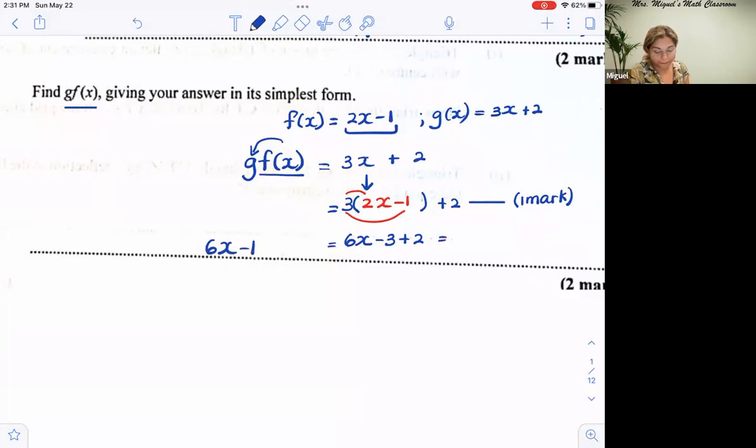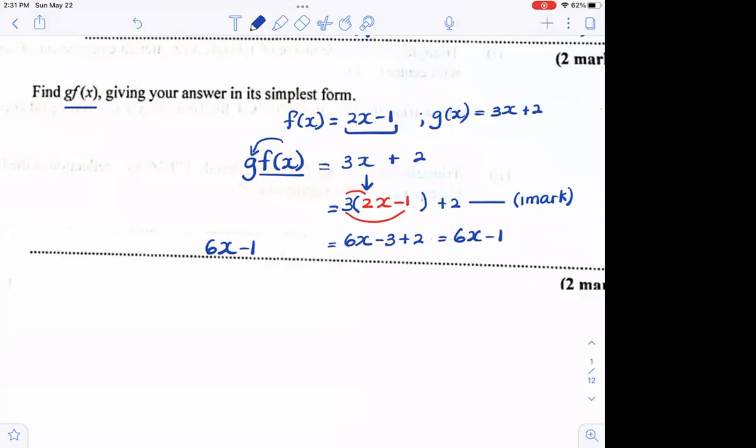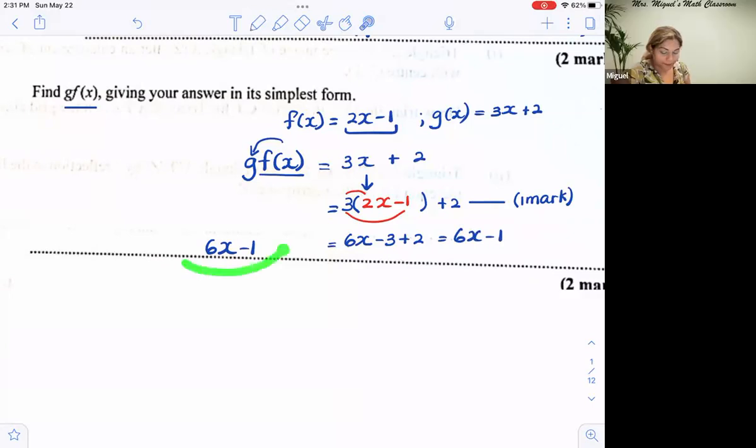Did you all get that? Yeah, Miss. And remember to put your answer on the dotted line. So we have g of f of x in the simplest form. Here we will be awarded our 2nd mark, giving us 2 marks in this question.